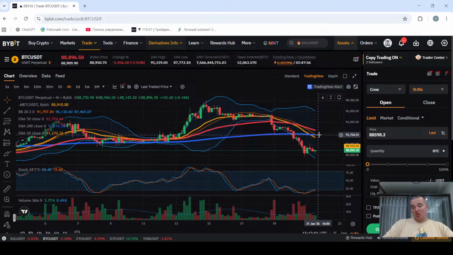Okay, so why do I start from BTC? Personally I do not like to trade BTC because it's too heavy, you know, and the movement is a bit slow. So I look at BTC as an example of market movement, because all crypto follows BTC.